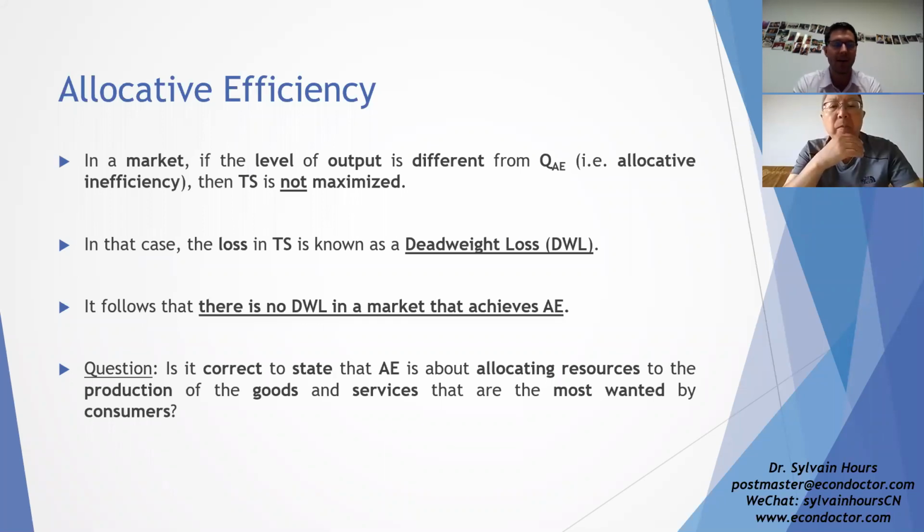On the other hand, if a good or service has a low benefit of consumption, but is very cheap to produce, with a very low opportunity cost, then you might very well achieve allocative efficiency by allocating many resources to its production.